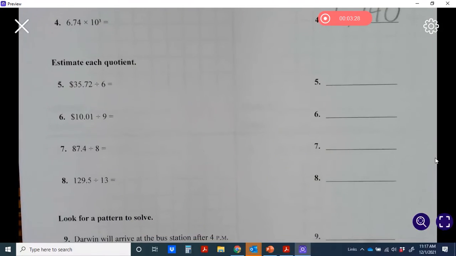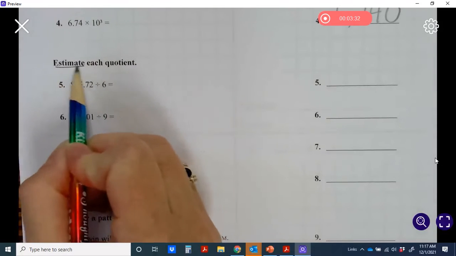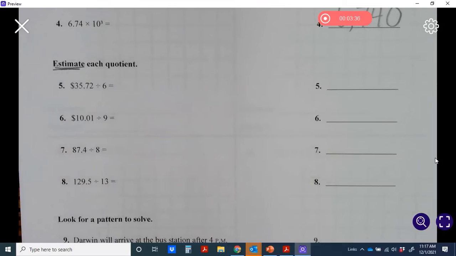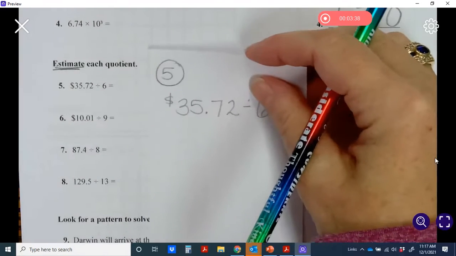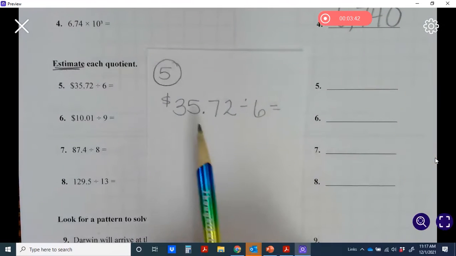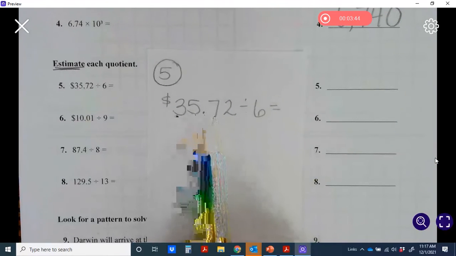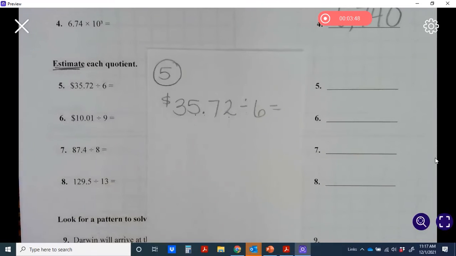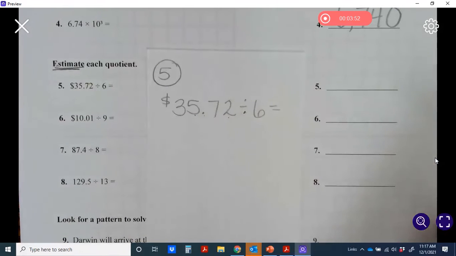Question number 5. Now, reading the directions is important. This says to estimate. So we're not finding an exact answer, we're estimating. Now, one thing to consider here is we have 35 and 72 hundredths divided by 6. We could round, and in this case, it is actually rounding, but what we want to talk about is compatible numbers.